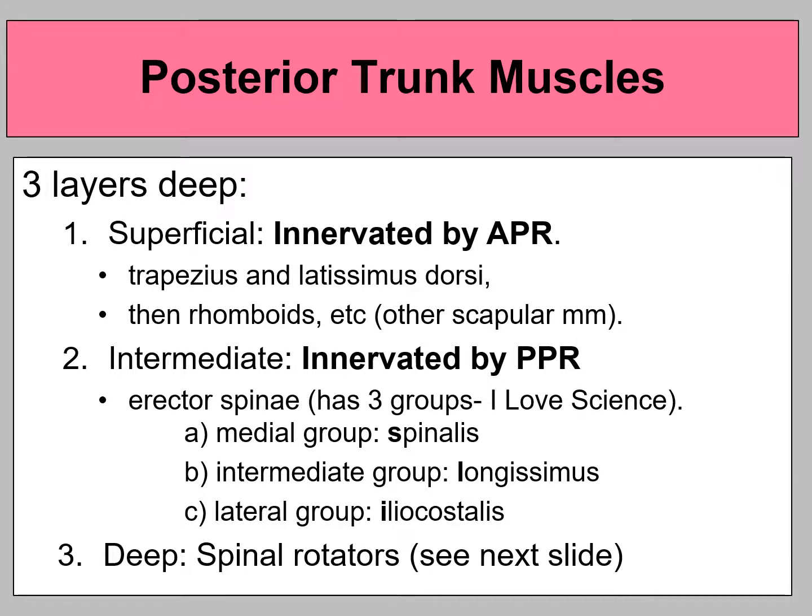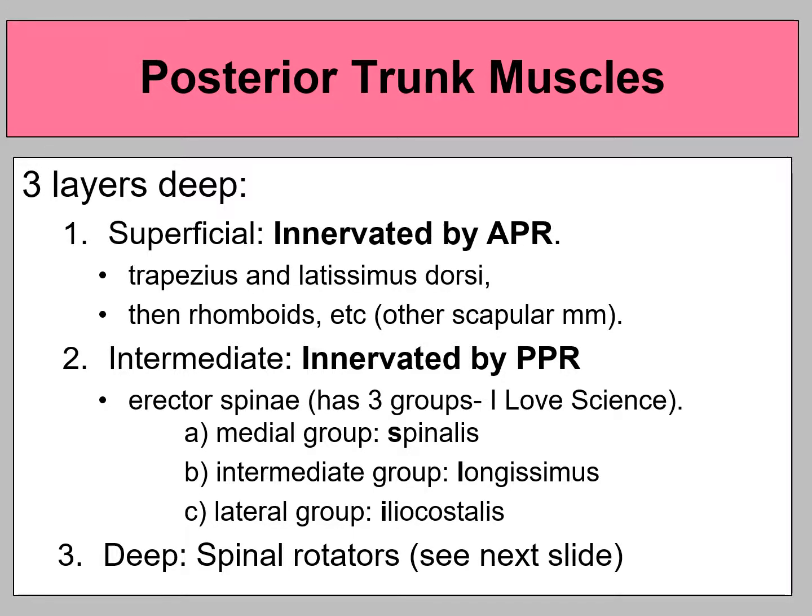The posterior trunk muscles have 3 layers. The most superficial we have discussed earlier in regards to the scapula: the trapezius, latissimus dorsi, rhomboids. These muscles are all going to be innervated by the posterior rami.